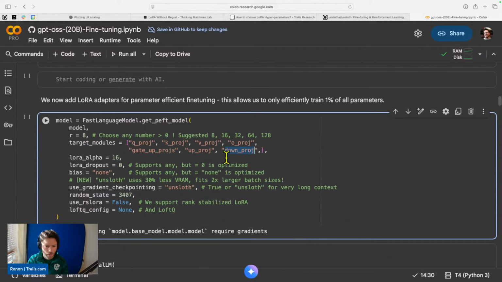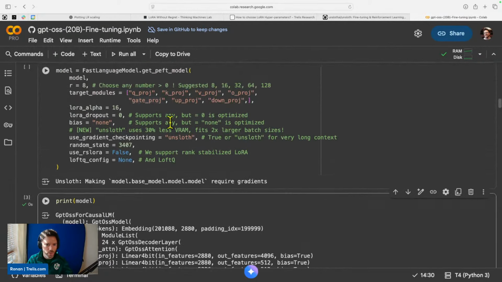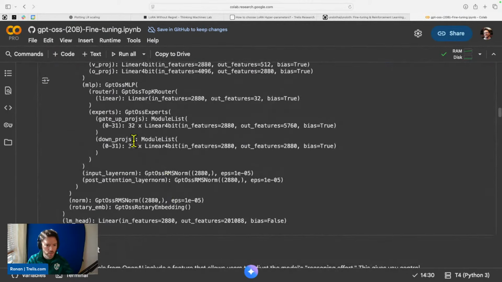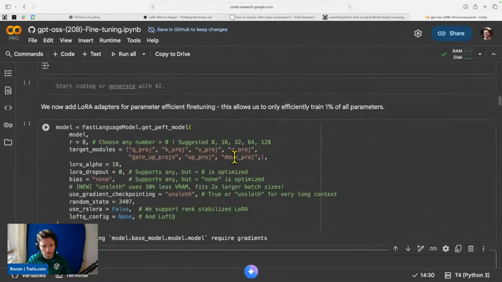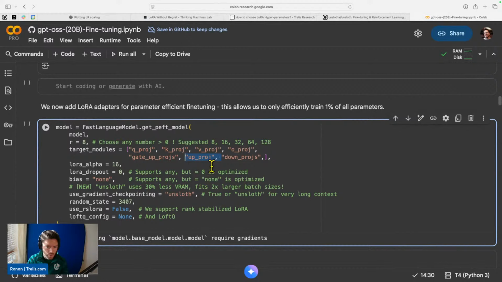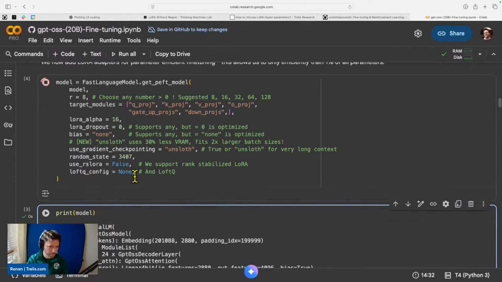And did I swap the wrong one? Gate proj, there is no gate up proj and down proj, yeah. I don't think there is an up actually in this model, because these are typically the names of the modules, but for OSS it's a bit different. So let's apply the adapters and see what it comes up with.